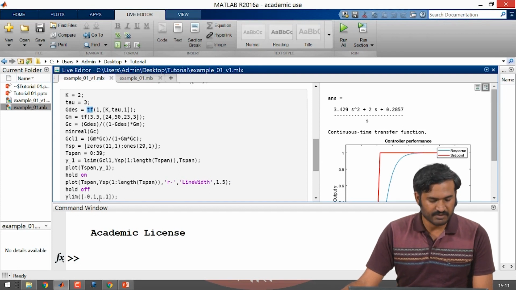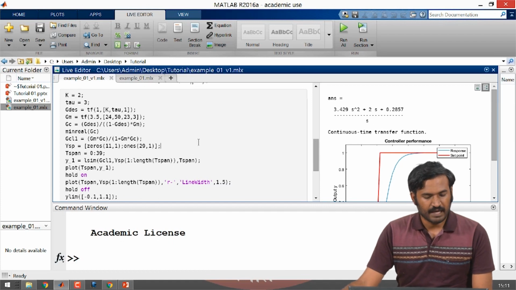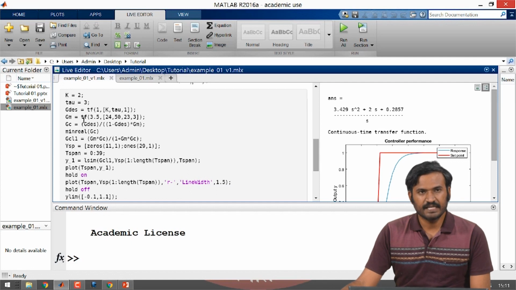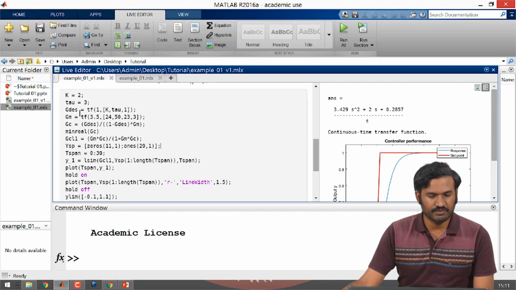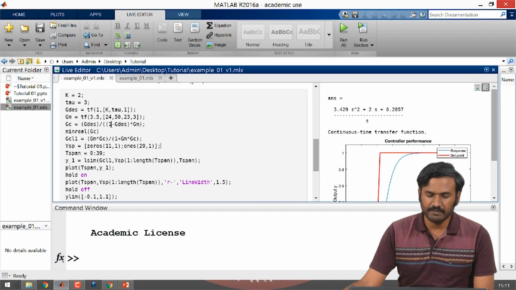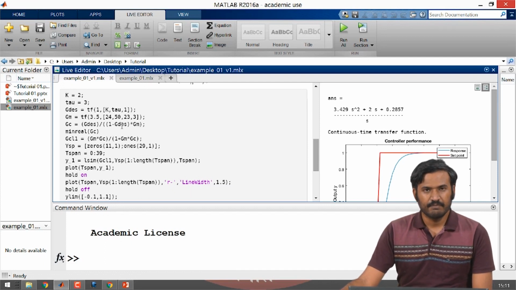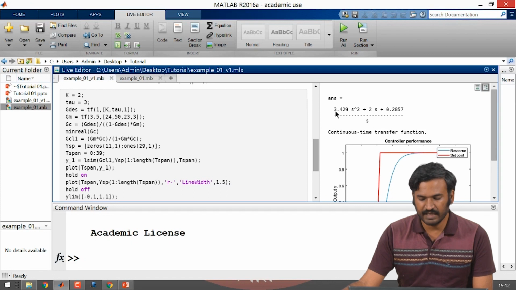TF enables us to specify the transfer function of the given process, and we can perform any mathematical operations like multiplication, division, addition using these transfer function models. So we can calculate the GC directly as G desired by 1 minus G desired times model of the system. The controller configuration GC has been printed out here.